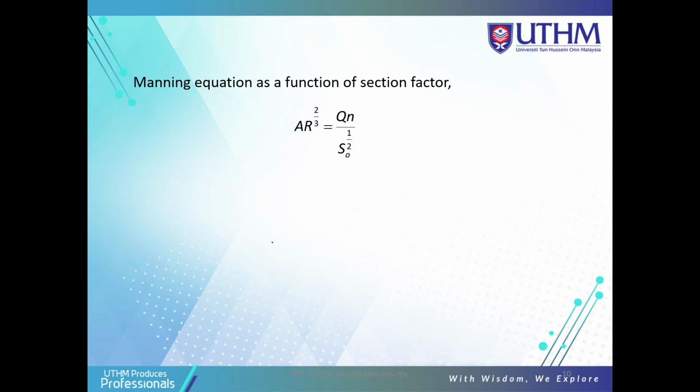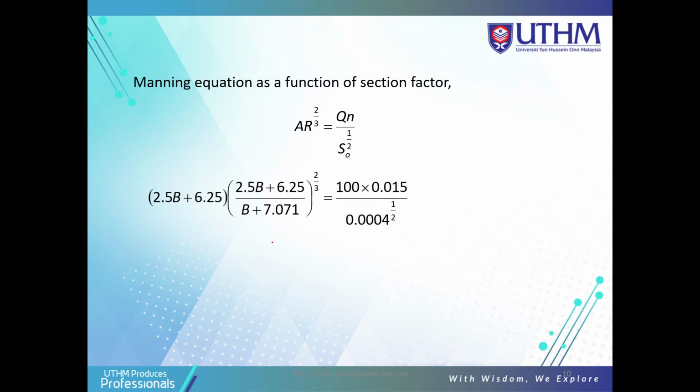You use this equation first to find the parameter that you want to find. You just put all the values of A and R in terms of b here, so you get the value here is 75.